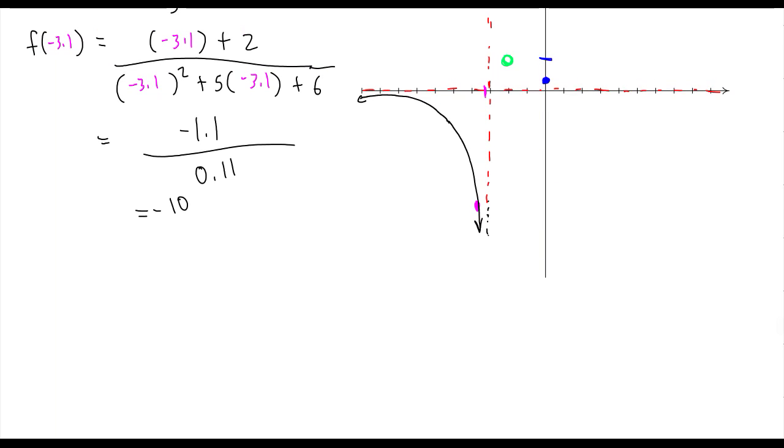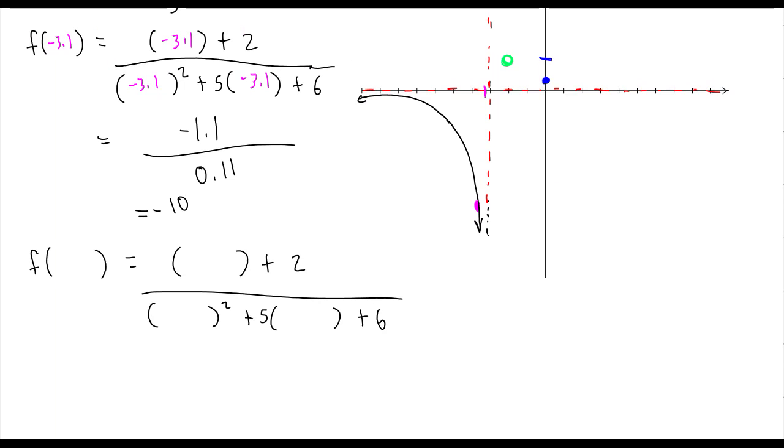This time using negative 2.9. Let's plug it in. Negative 2.9, negative 2.9, negative 2.9, and there. And then I break out my handy dandy calculator and I start typing away. I get negative 0.9 on the top, which is not what I was worried about.